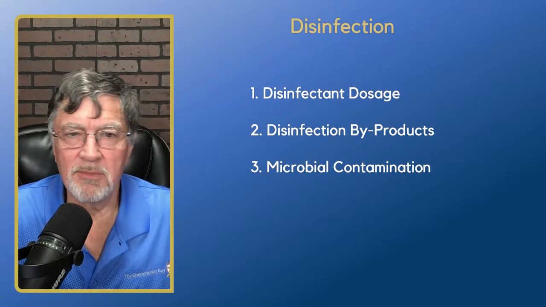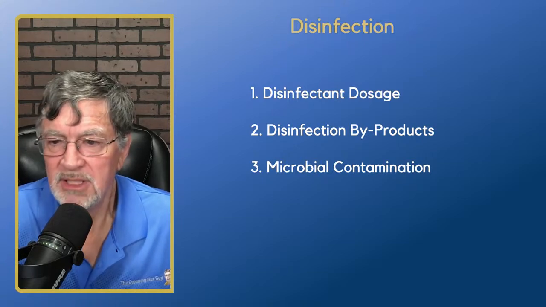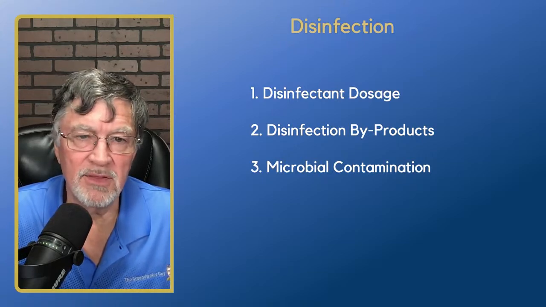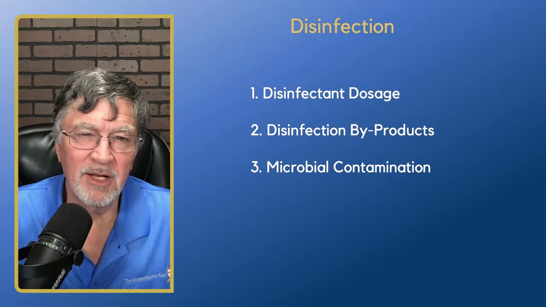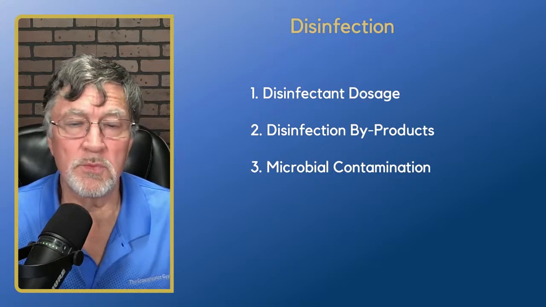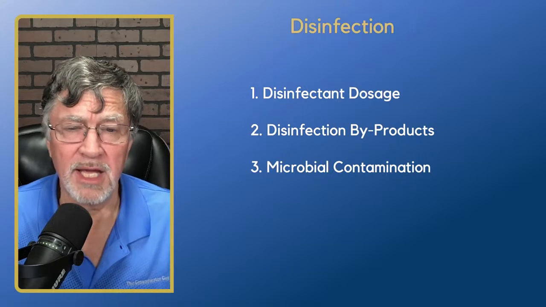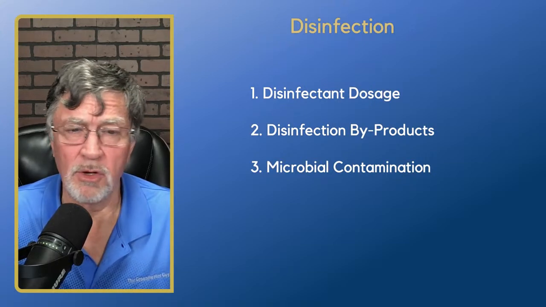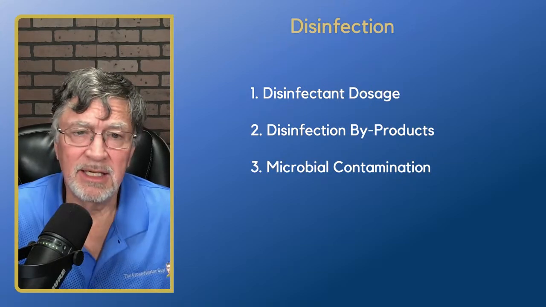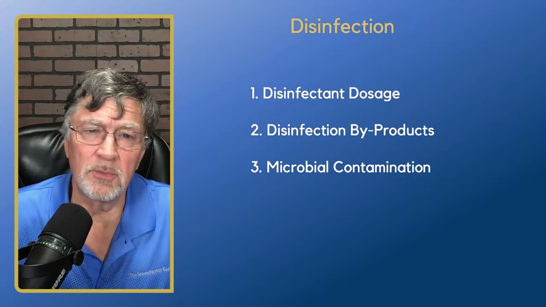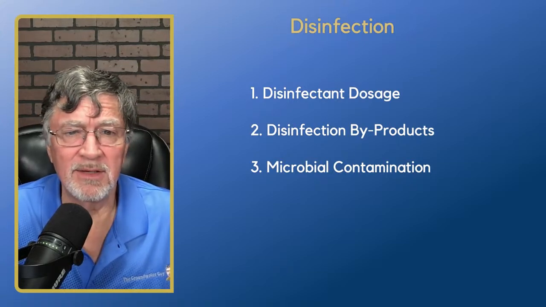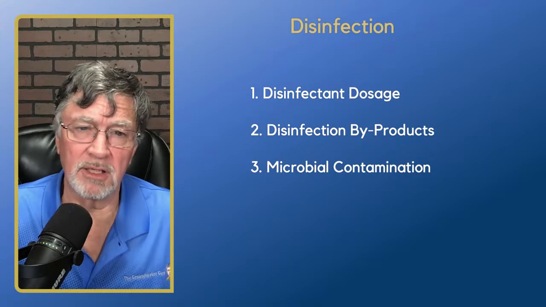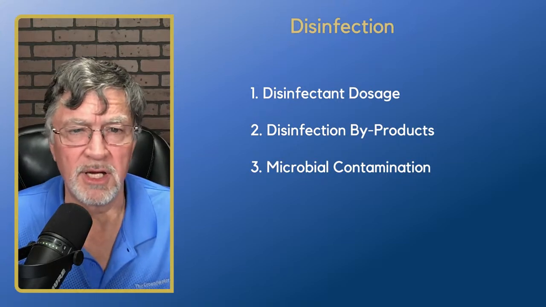Are we staying the same? Are we going up? Are we going down? And it could be that maybe we're getting water now, if we're using surface water, that has a higher organic content, and we need to go back and maybe look at that and try to clean that up a little bit so that we're not getting the disinfection byproduct issues that we need to address.